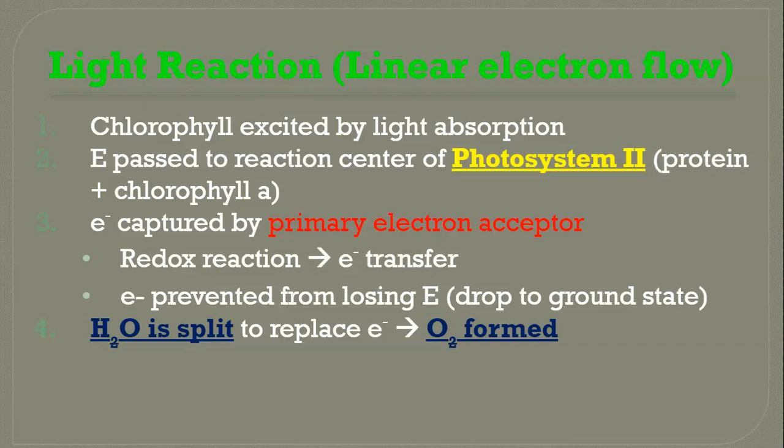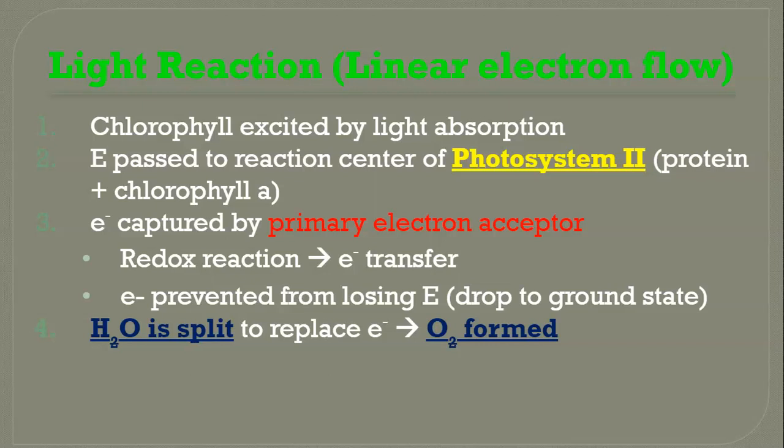And then there are two major photosystems in photosynthesis, named, I guess, for the order in which they were discovered. Photosystem 2 comes before photosystem 1. So this magic happens in photosystem 2 first, and then that excited electron gets captured by a primary electron acceptor.